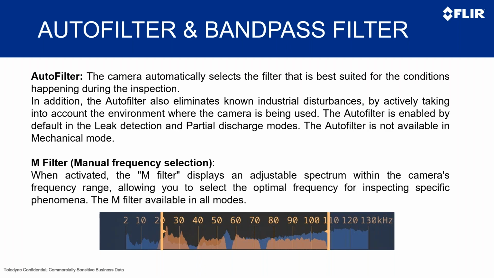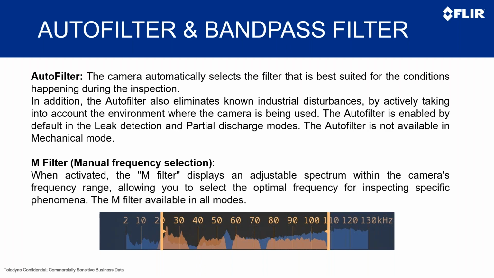But if the customer, for any reason, also wants to use the manual frequency selection, because they want to go further in the analytics and get narrow data on specific frequency ranges, they can select the manual filter and select the frequency on the camera screen.